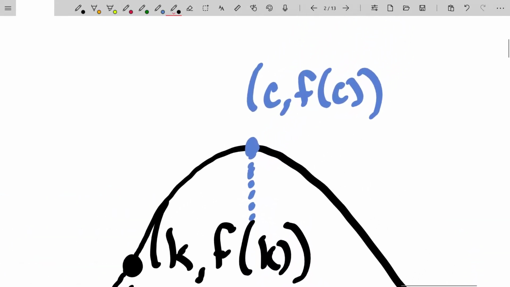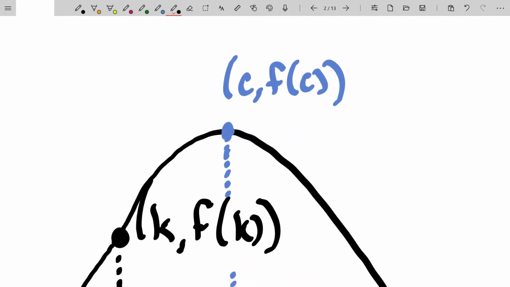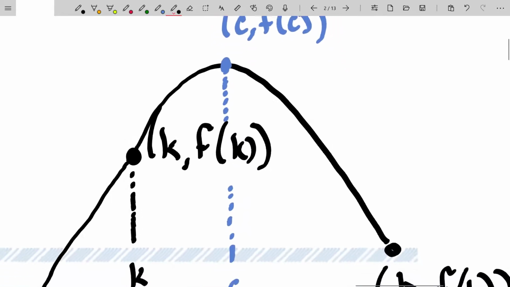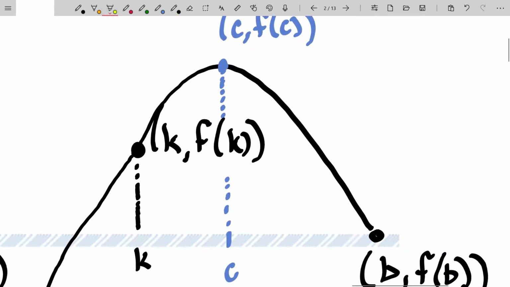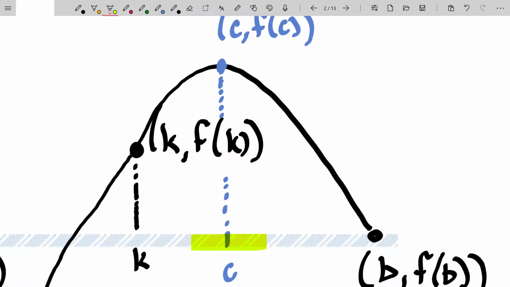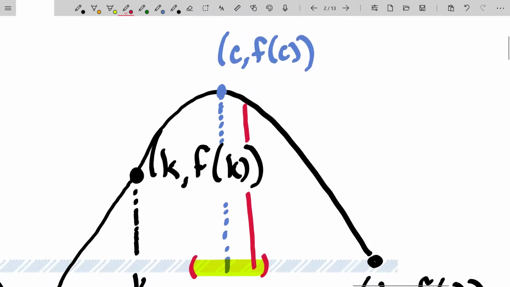And that absolute maximum occurring in between a and b is critical because that tells us we have a neighborhood about c. And in that neighborhood about c, where our function is defined, all of the y values in that neighborhood are at the height or slightly below the height of f of c.